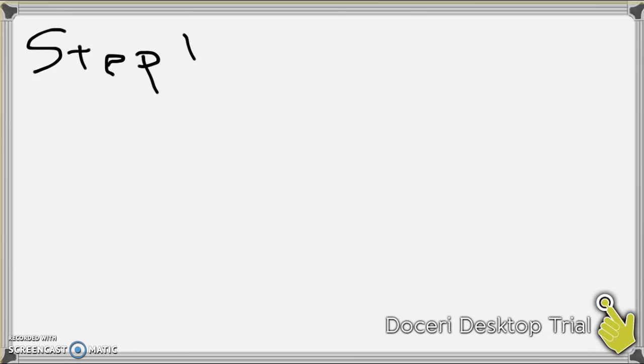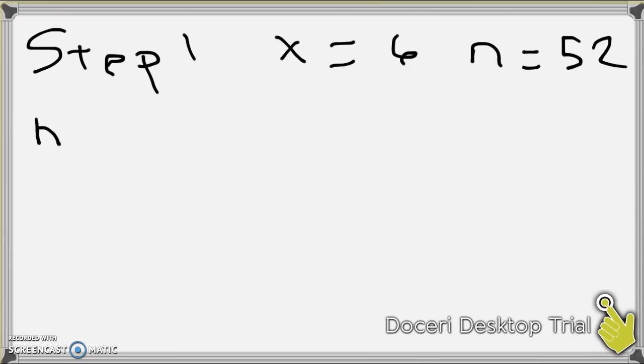X is going to be the objects we're going to select, so we're going to select 6 cards, and N is the total number of objects, and there's 52 cards in a deck. So we need to find the combination of N, C, X, which is 52 combination of 6. Now I'm writing with my fingers, so I apologize for it being so sloppy.